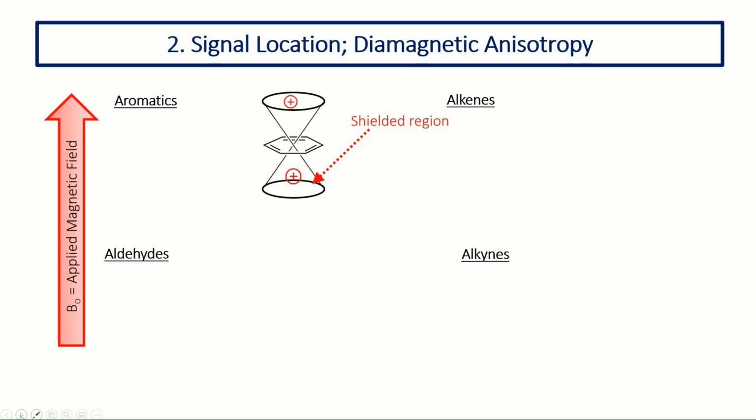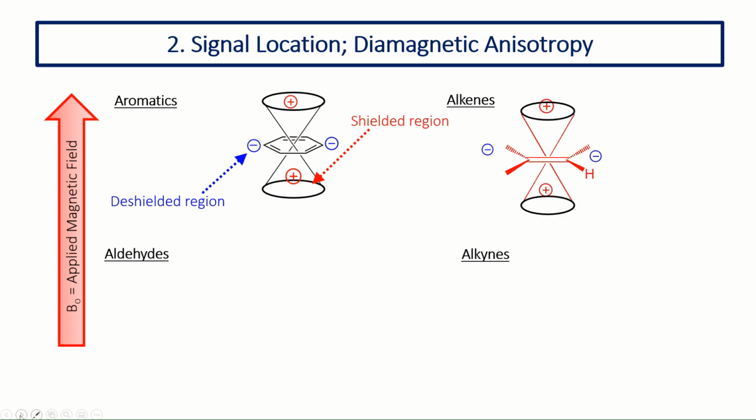Anything within those cones are in a shielded region. Anything outside it are quite deshielded. Fortunately for us, most aromatic protons that we're dealing with are deshielded. They're outside those cones. Yes, they're in this region, this deshielding cone.